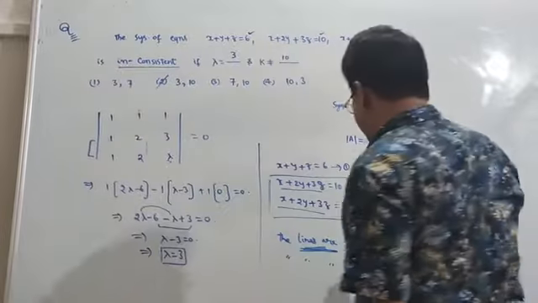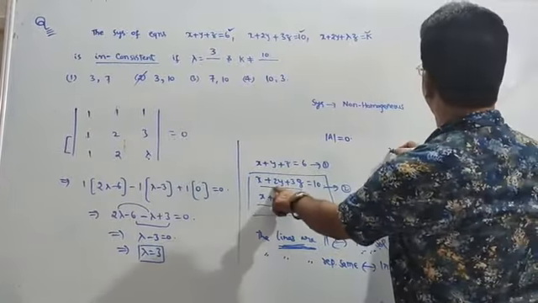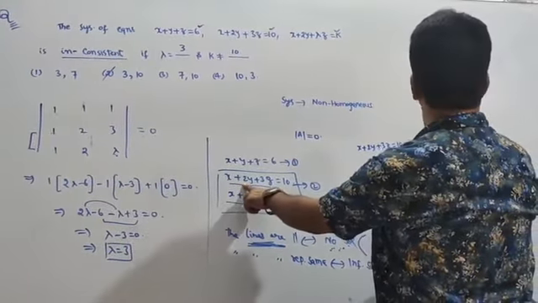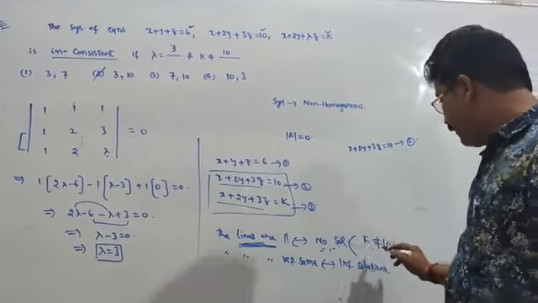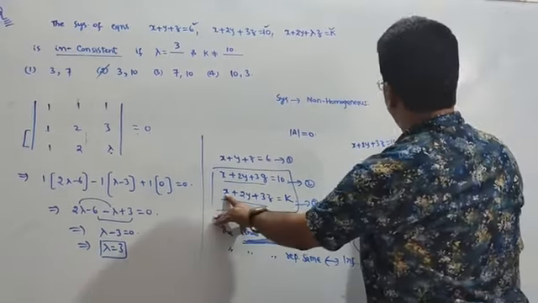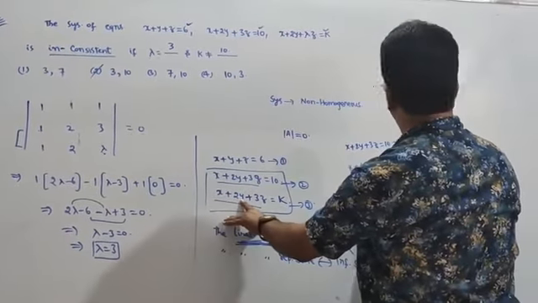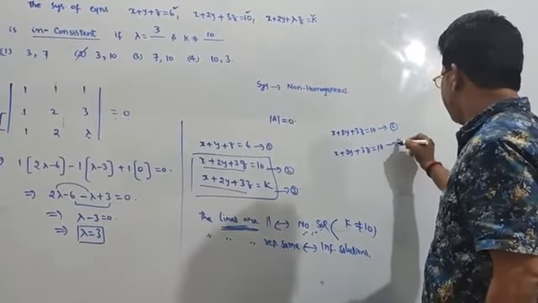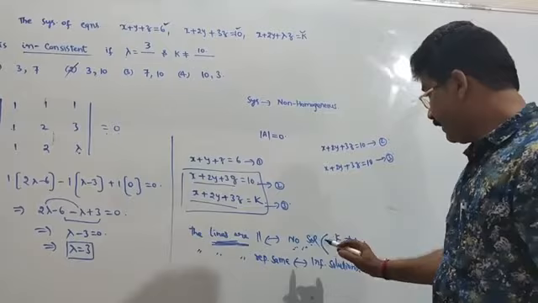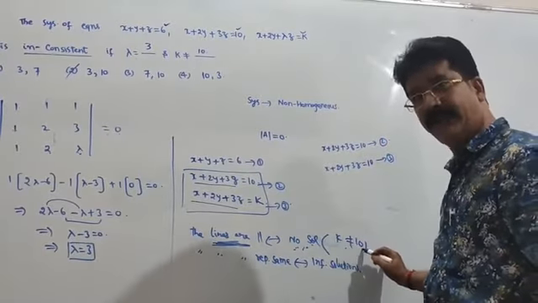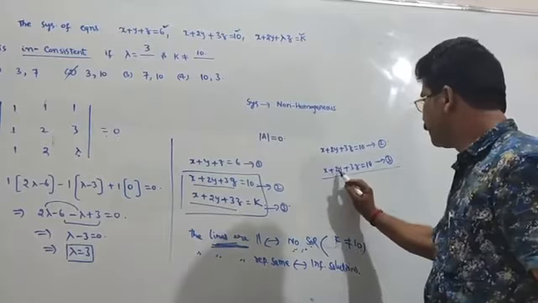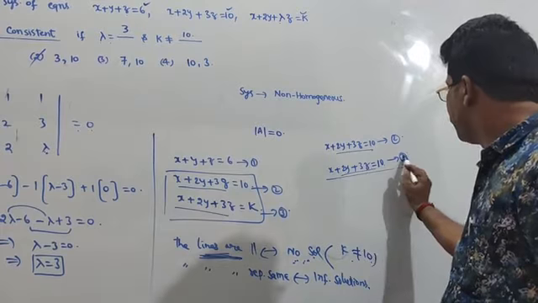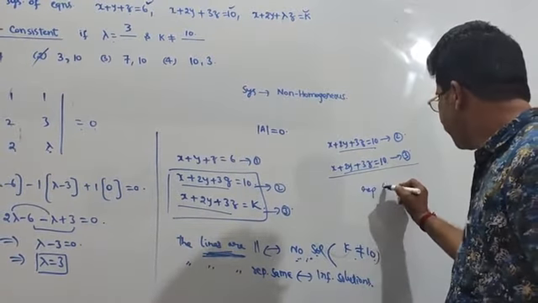The second equation is x plus 2y plus 3z equal to 10. For example, we are taking k equal to 10. Then the third equation becomes x plus 2y plus 3z equal to 10. So clearly both the second equation and the third equation represent the same.